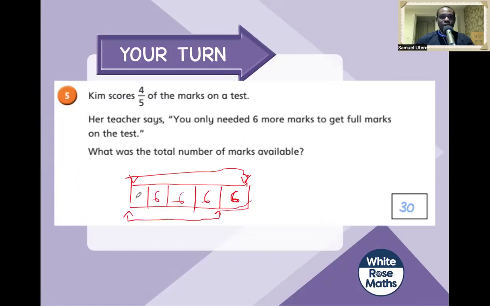Remember, we always split the bar model into equal parts. So what that means is that the 5 lots of the 6 has to be 30. Okay? So I hope you understand that explanation.